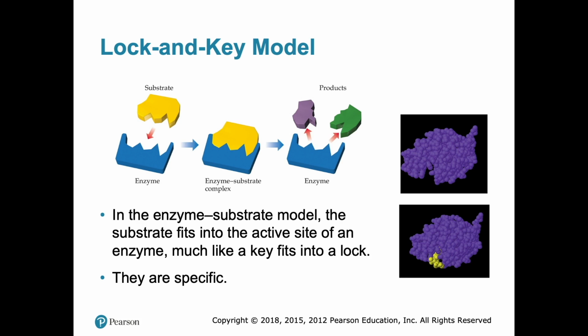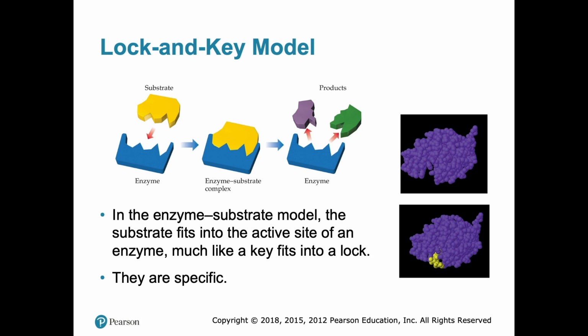After it's done with its reaction, the enzyme will let go of the products. These are the two products now, it just lets them go, and all you're left with is the enzyme. Notice that the enzyme remains unchanged throughout this reaction, but the substrate changed into these two things as the product. In the enzyme substrate model, the substrate fits into the active site of an enzyme, much like a key fits into a lock, and they're very specific.